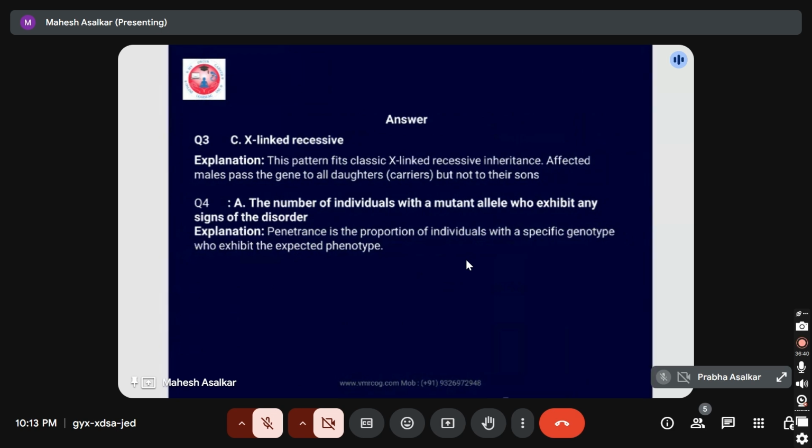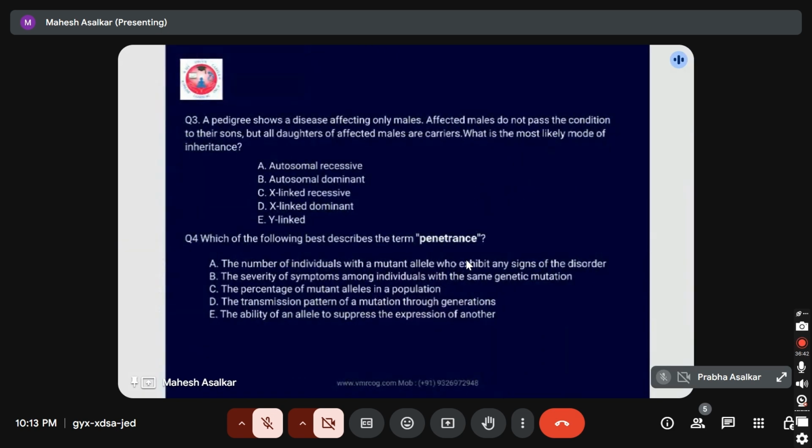Okay. Question number four is which of the following best describes the term penetrance? The number of individuals with a mutant allele who exhibit any signs of the disorder. So actually, the exhibition of these signs is very important. You answered D, the transmission pattern of mutation through generations.